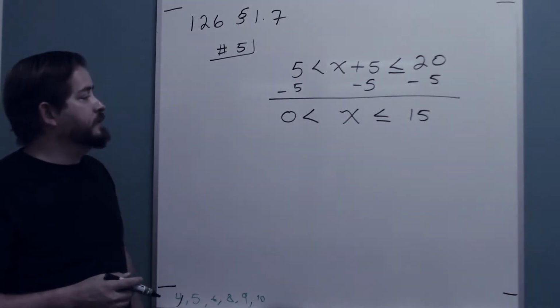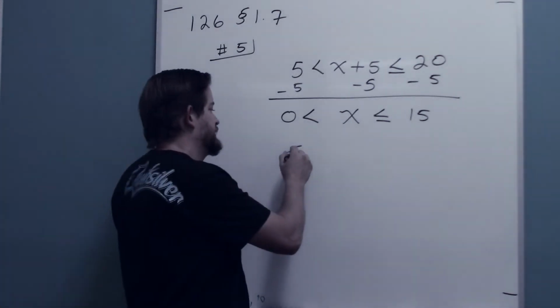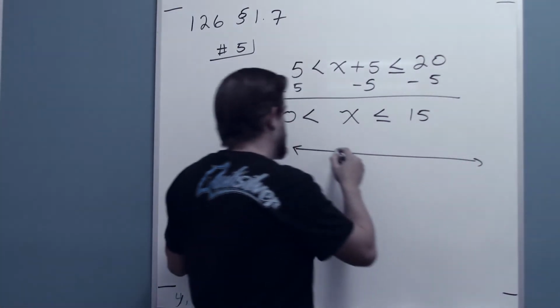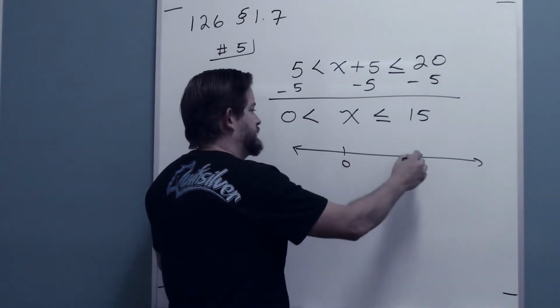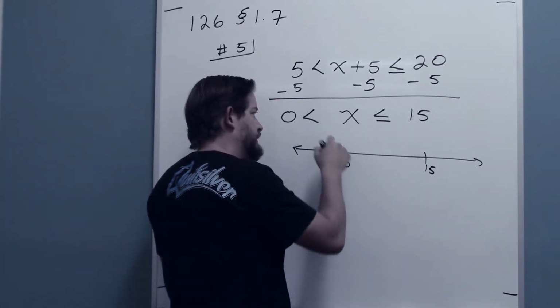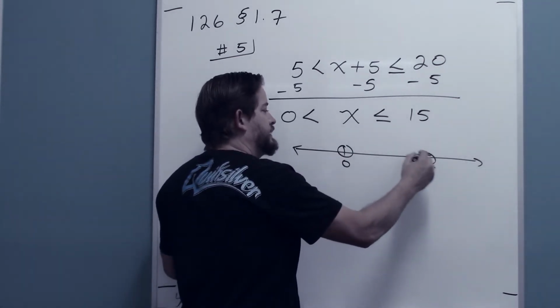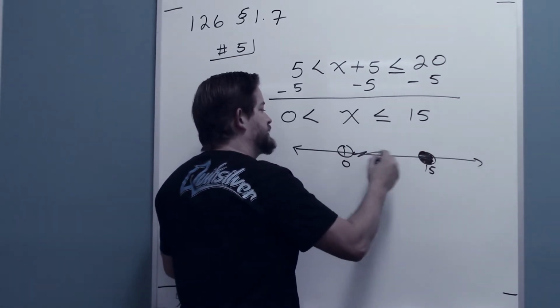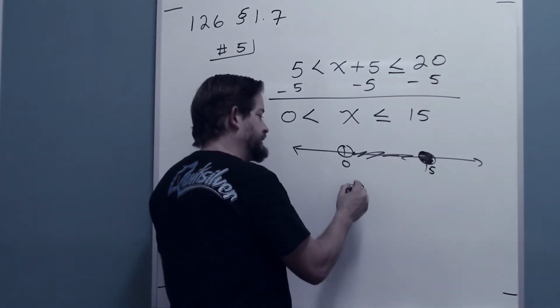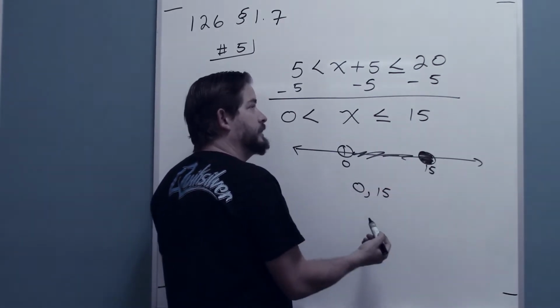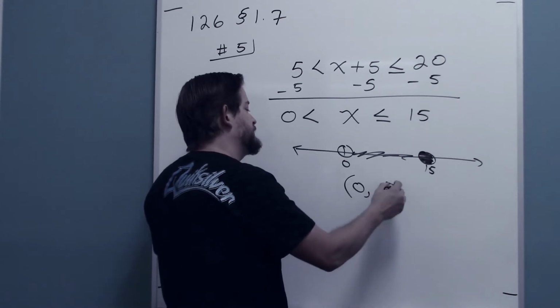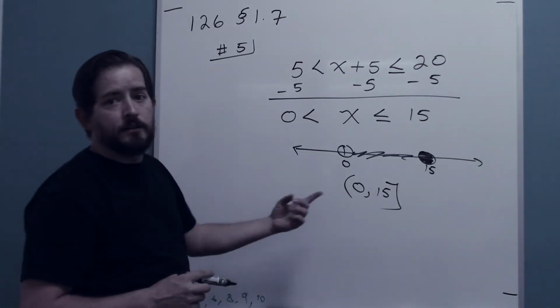If I want to graph this, it's just the numbers between 0, not including, but 15, yes including, just the numbers between those. So it would be 0 to 15 in interval notation with a parenthesis on the 0 and a bracket on the 15.